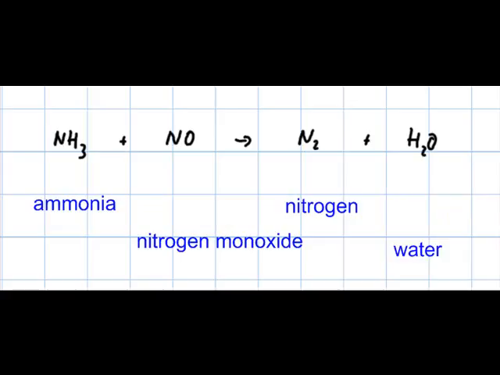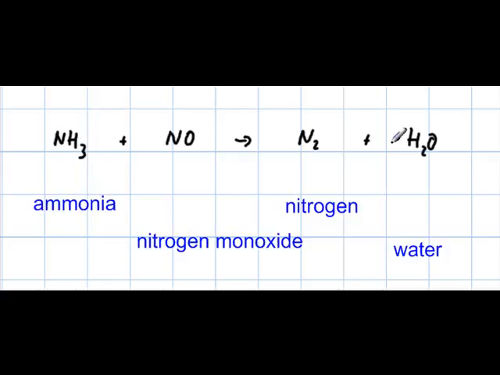Okay, let's see. We're going to touch the nitrogen last because it appears in too many places. So it leaves us with the O's, which appear in 2 places, and the H's that appear in 2 places. So we're going to start with the 3 hydrogens, because it has the most atoms.